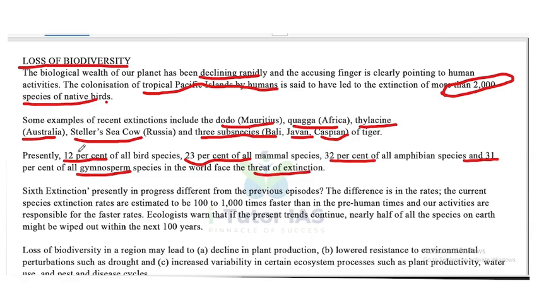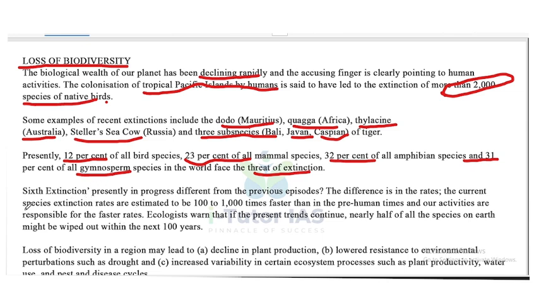So 12% of bird species, 23% of mammals, 32% of amphibians, and 31% of gymnosperms are under the threat of extinction.